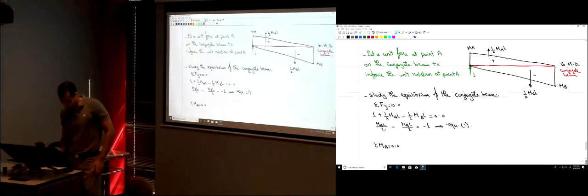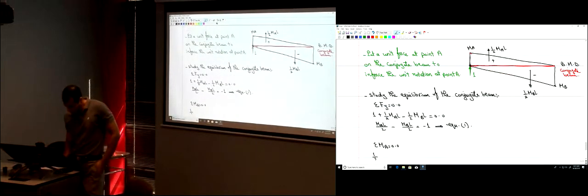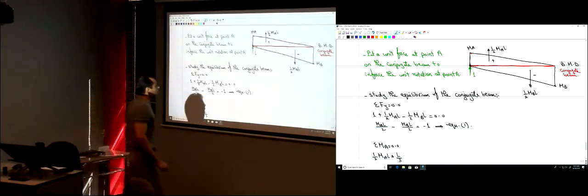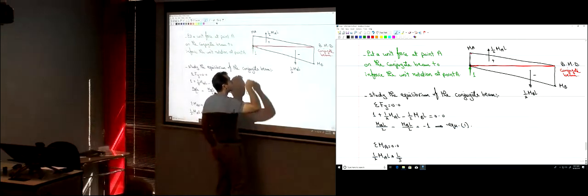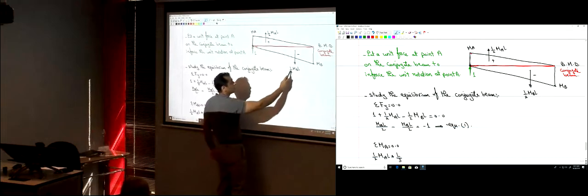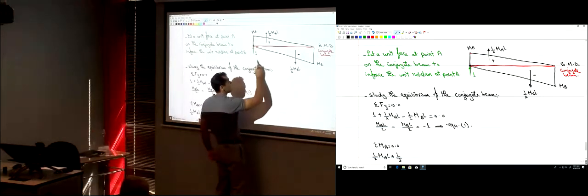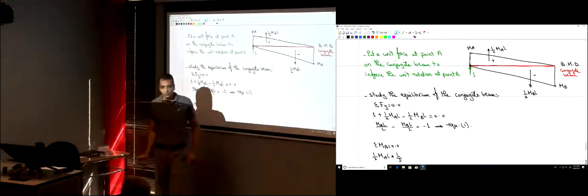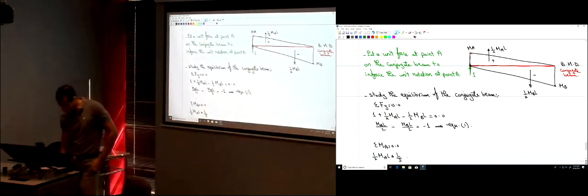So here I have 1/2 MA L multiplied by 1/3 L. And then the moment of this force is clockwise about point A, so it's going to be negative 1/2 MB L times this distance. How much is this distance? 2/3 L. So 1/2 MB L times 2/3 L equals 0.